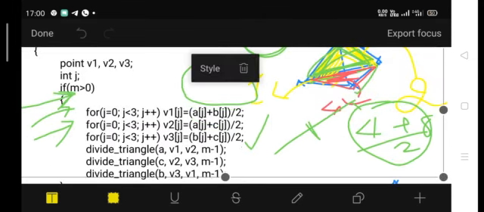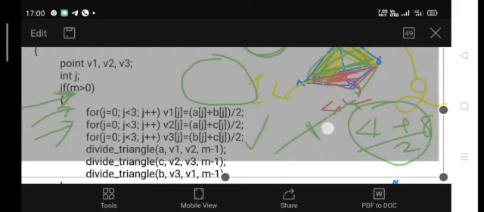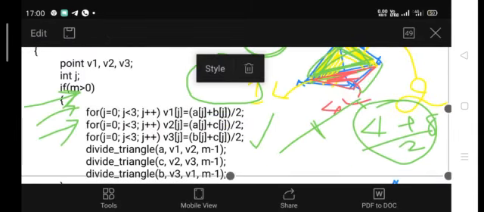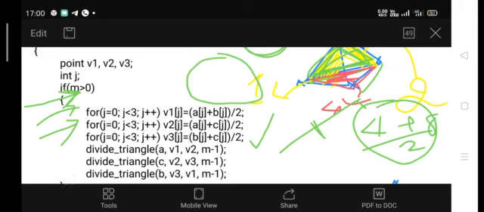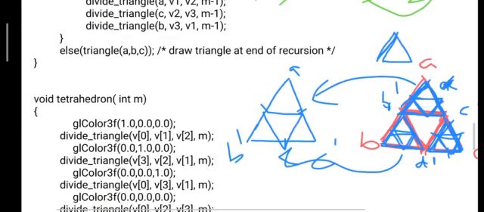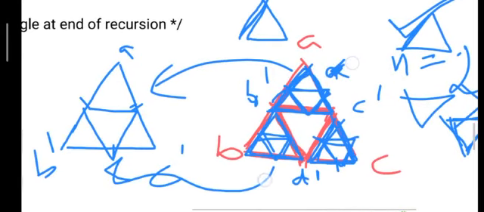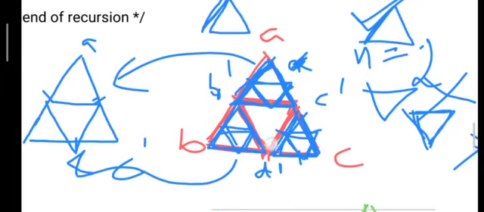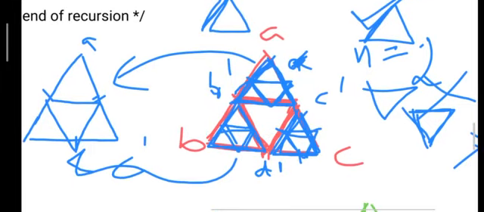What exactly the recursive subdivision is, as you can see over here, I have explained that in the previous video. If you haven't watched it, please watch it again. This is what recursive subdivision is, guys. Concentrate on the pointer: A, B, C are the main triangle. In the first subdivision we got B dash, C dash as well as D dash as the midpoints.